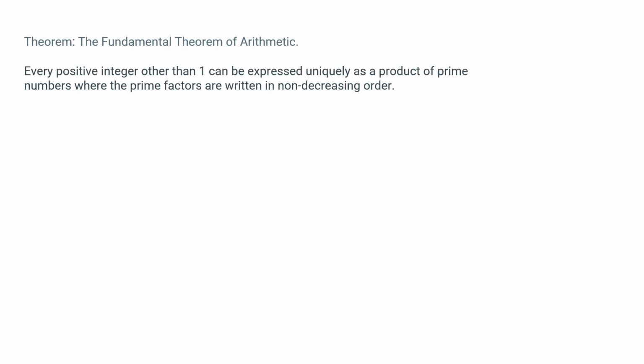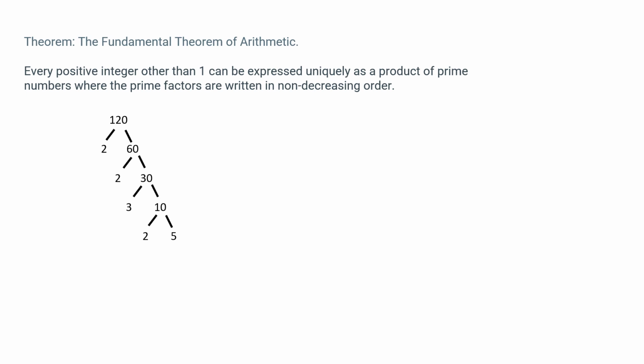Now, the fundamental theorem of arithmetic says this: every positive integer other than 1 can be expressed uniquely as a product of prime numbers where the prime factors are written in non-decreasing order. Okay, so let's look at this example here. To find the prime factors, what you can do is make a little tree.